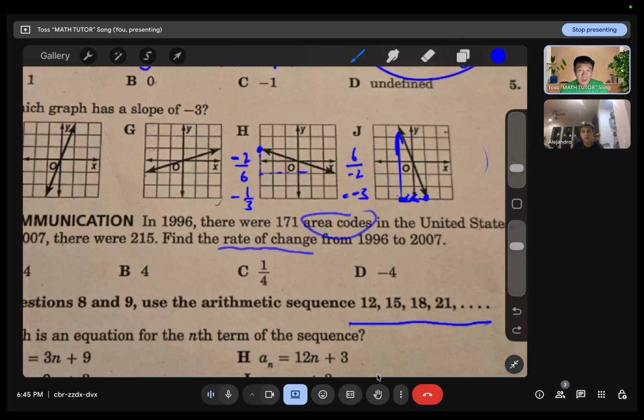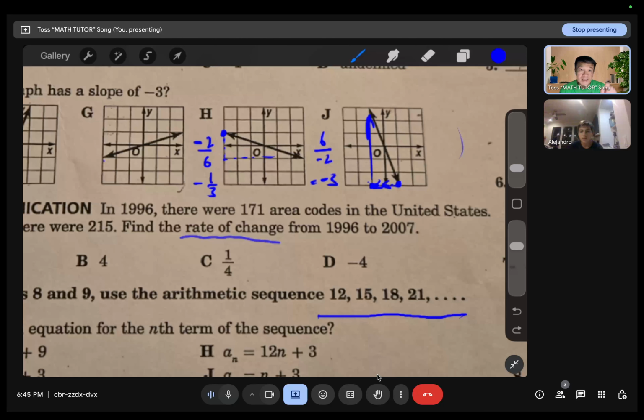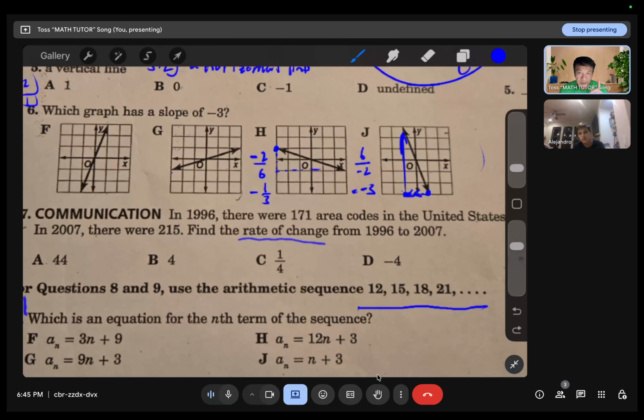Like, hey, find the rate of change, for example, in area codes per year. Actually, that's what they want, but they didn't detail that, so it's not well written for sure. I'll say that for number 7, it's not well written.